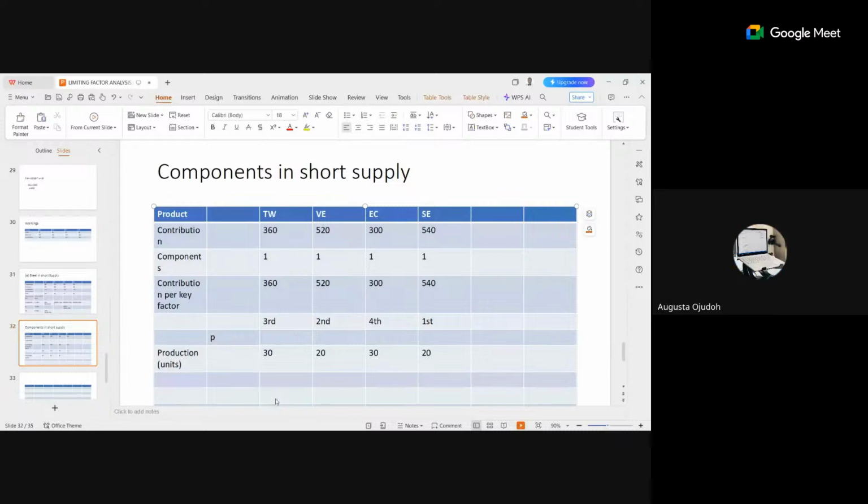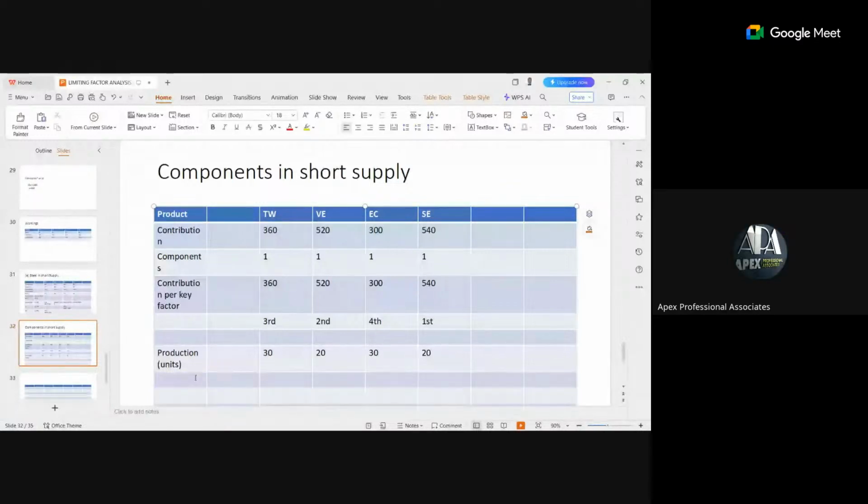Sir, your screen is off again. I can't see anything. You guys should refresh. It's back now. Check your network, it's also causing delay.